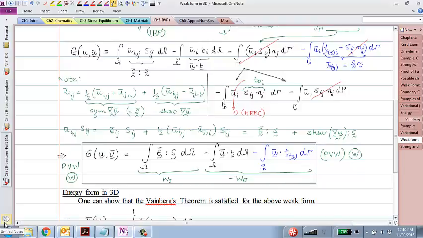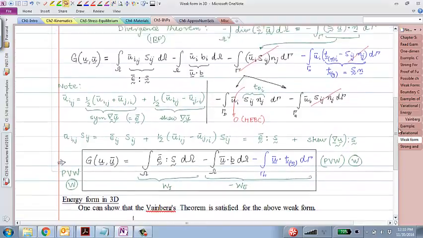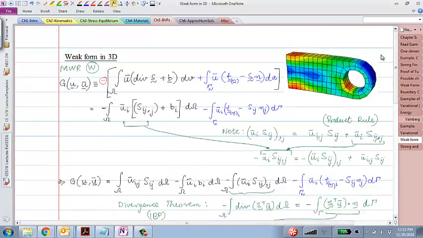Plug that approximation in here and get some approximate solution, even for a complicated structure like the one I showed. And that's actually a simple structure considering the different types of complicated structures we encounter these days. All right, so that's pretty much what I want to say about strong forms, weak forms.